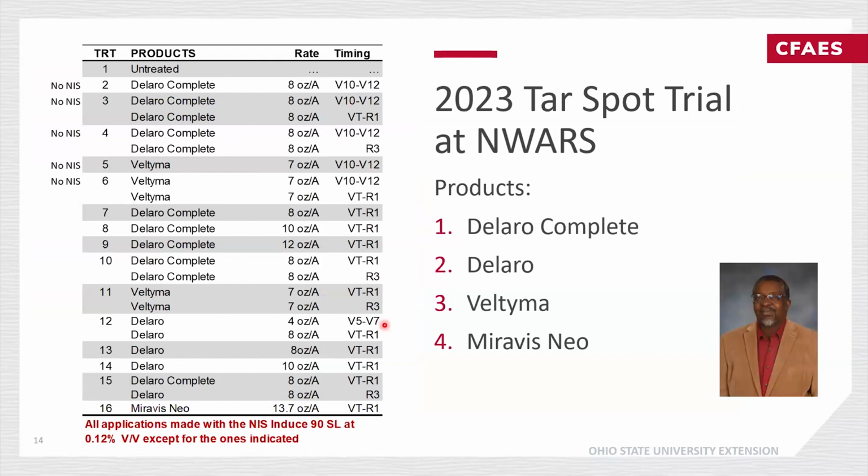So I want to take time to walk through some results from Dr. Pierce-Paul, our cereal pathologist, some fungicide efficacy trials that he's done at our Northwest location in Wood County. So this location has probably the highest history of tar spot compared to our other research stations as it moved from Indiana and other states into Ohio.